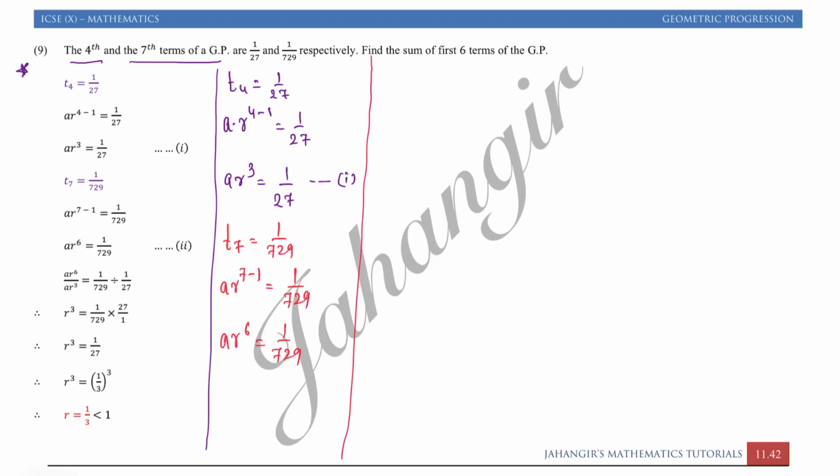This is my result number 2. Now what we will do, as we know, we have to divide both of them. So we will divide first and second. So first I will write A R raised to 6 upon A R raised to 3. See, this divided by this is equal to this divided by this.